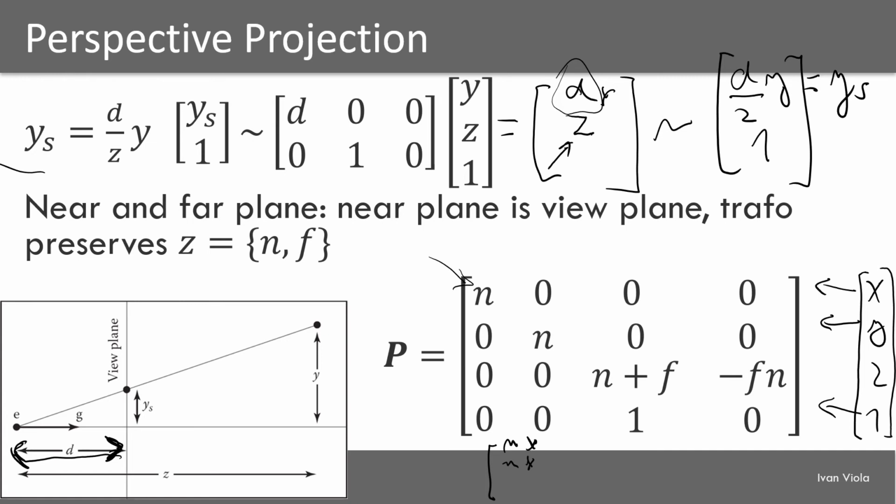Then for the third, let's ignore that for the moment. And at the fourth component, we will not have 1 anymore, because 0 times x is 0, 0 times y is 0, 1 times z is z, and 1 times 0 is 0.